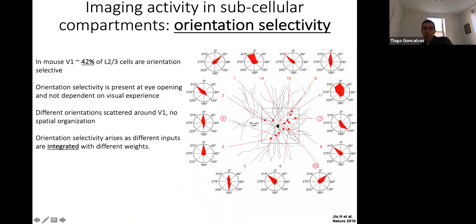In this paper in 2010, they showed that individual synapses of neurons in the visual cortex can be orientation selective, which is really cool. If you have covered that in your neuroscience classes, you know what orientation selectivity is in V1 and sensory systems. So this is a really cool example of the power of in vivo imaging.